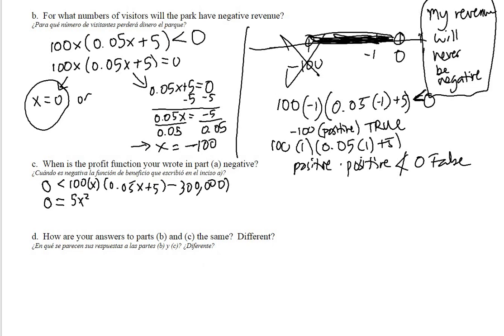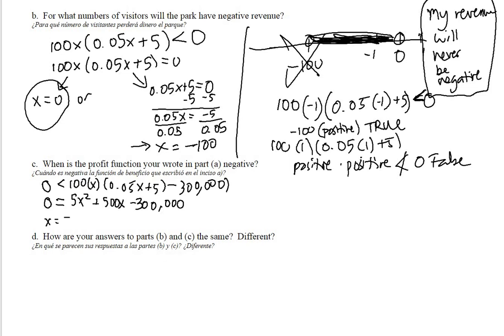5x squared. I'm putting this into standard form. Plus 500x minus 300,000. And I'm going to use the quadratic formula.